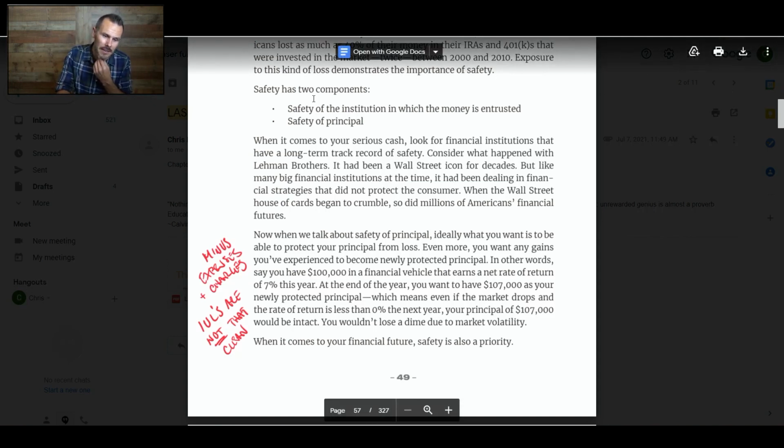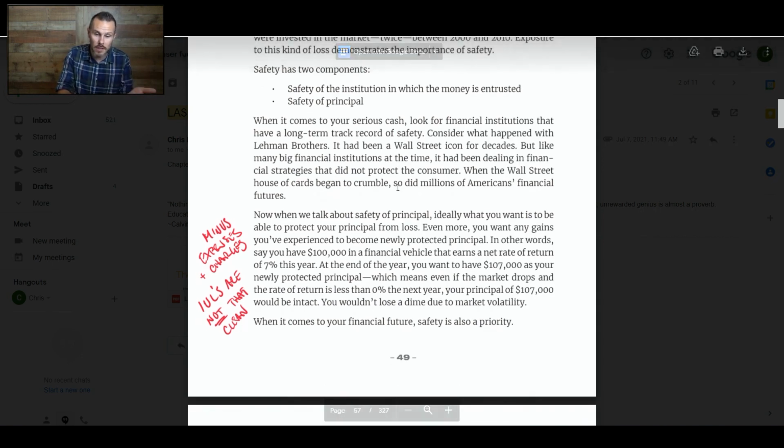So safety, here's the thing. This is what he's talking about. Safety has two components: the safety of the principal and the safety of the institution in which the money is entrusted. For example, Lehman Brothers failed, and that money went up in smoke. So by having your money with an insurance company, it's much safer. I'll agree that it's safer than an investment bank, even with an IUL.